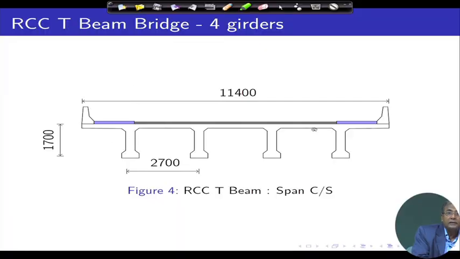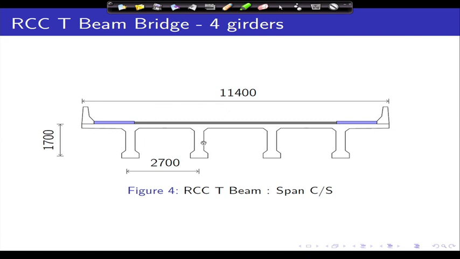Then you will get this type of configuration. If you take a cross section of the bridge along the traffic direction, you will get this cross section here.